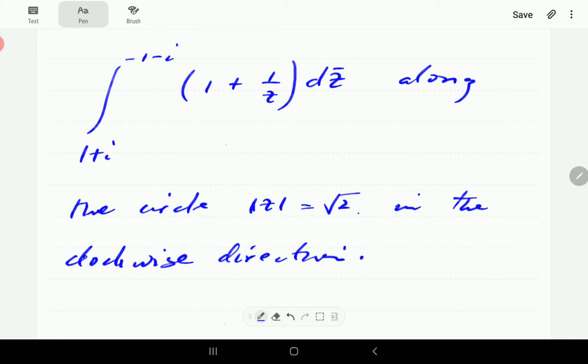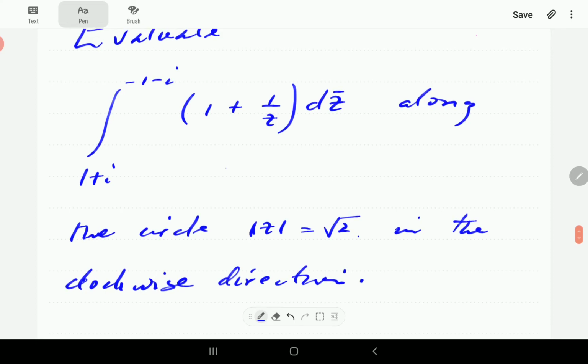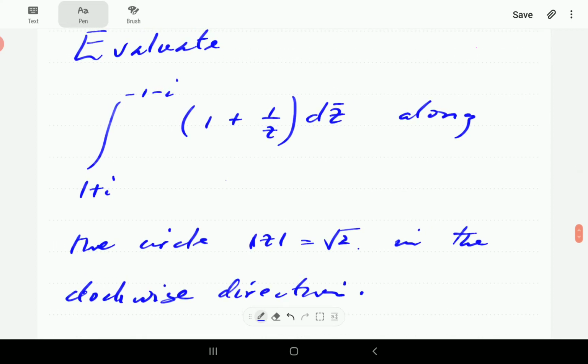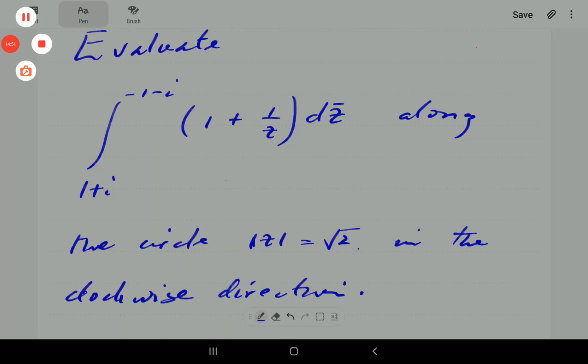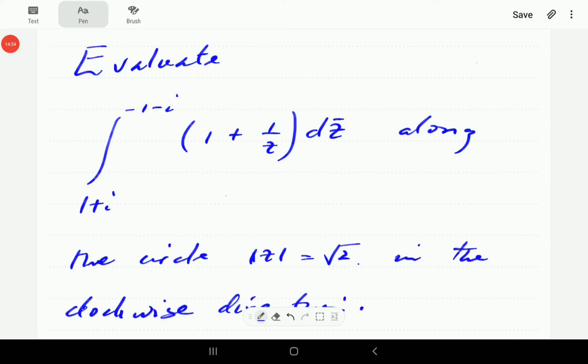All right, so if you just want to have a go at this, you can pause the video, and then when you continue the video, you can compare with our solution. All right, we're now going to scroll down to our solution.